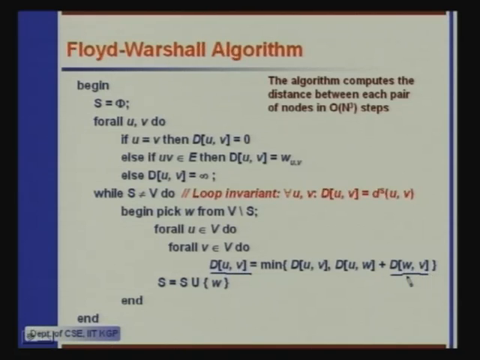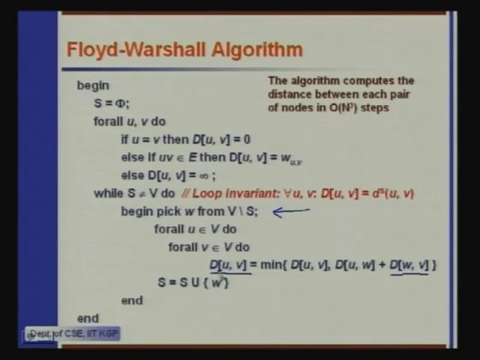So, therefore, in the distributed algorithm, what we do is that we make all the processes synchronize at this point, and the node w broadcasts its routing table, which contains the dwv for all v, to all the nodes, right.